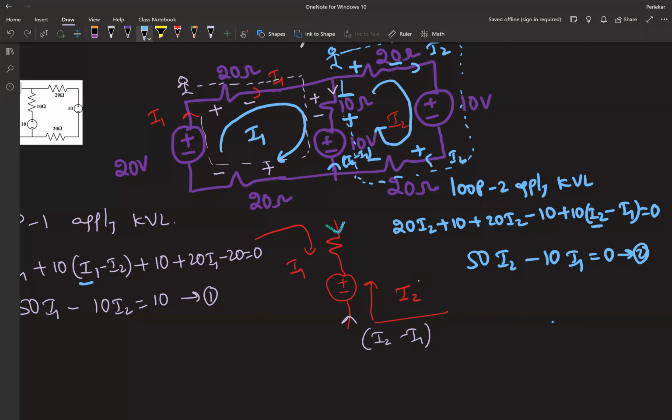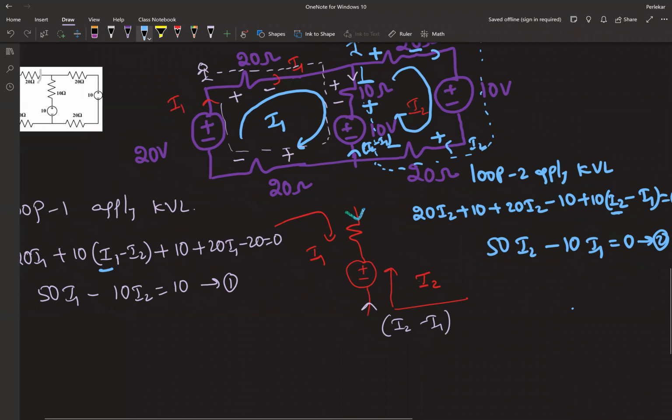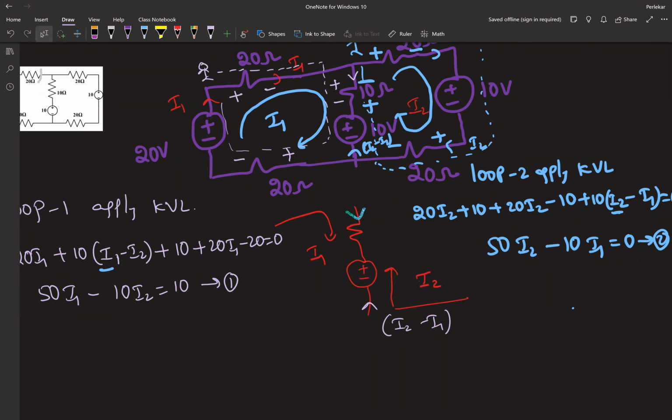Take 50 I2 equal to 10 I1, or I2 equal to 10 over 50 I1, which is 1 over 5 I1.